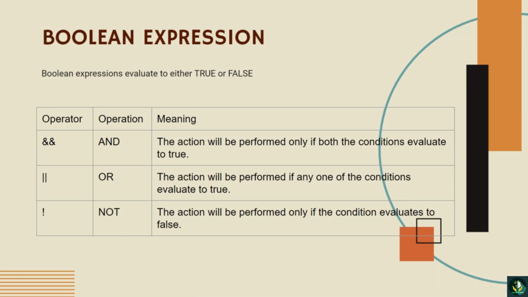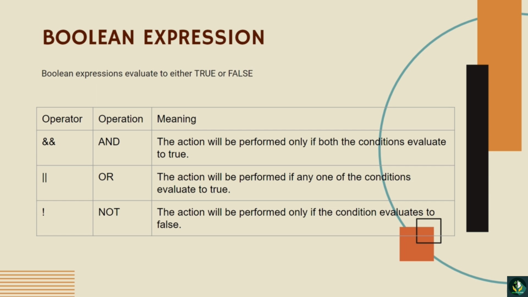The operators are: double ampersand, which means AND, meaning the action will be performed only if both the conditions evaluate to true. Double pipe, which indicates OR, the action will be performed if one of the conditions evaluates to true. NOT, the exclamation sign, the action will be performed only if the condition evaluates to false.